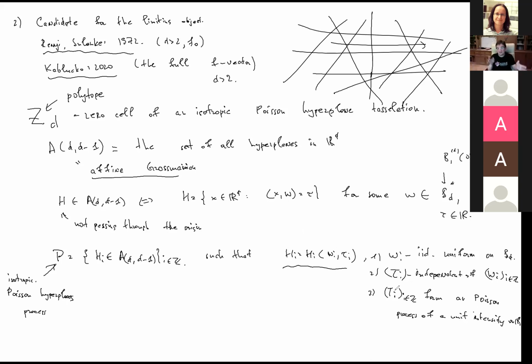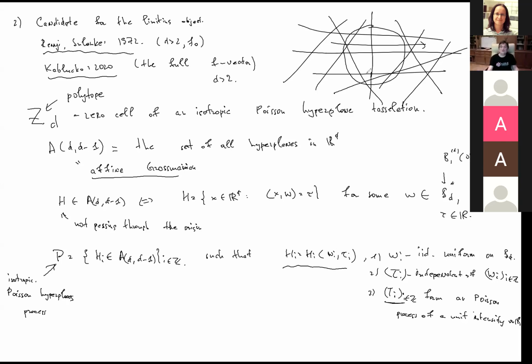So there are only a finite number of hyperplanes, say, intersecting a unit ball, just because these distances form a Poisson point process of unit intensity. So if you take any ball around the origin, there are only finitely many hyperplanes intersecting this ball.